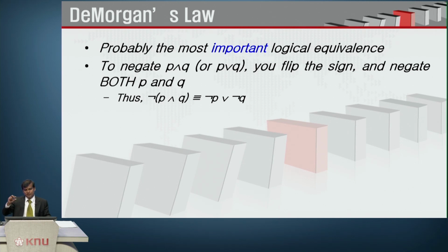You are flipping the AND into OR, and you are going to negate both P and Q. That's what you are doing, right? Here you are actually flipping from AND to OR, then you are changing the sign of P and Q, or in other words you are negating both P and Q.